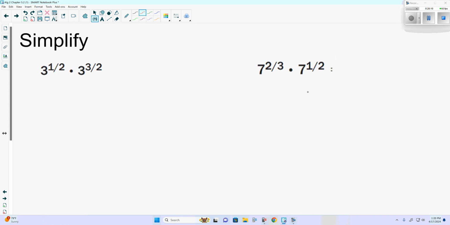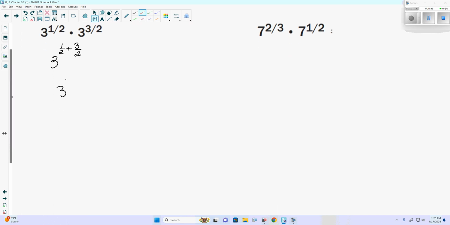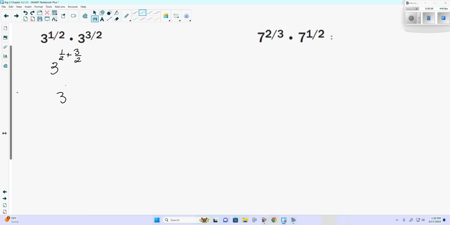3 to the 1/2 times 3 to the 3/2. Since we're multiplying like bases, we add the exponents. When we multiply like bases, we add the exponents. Powers of powers, we multiply the exponents. Well, 1/2 plus 3/2 is what? Almost. Because the bases are already the same, yes?